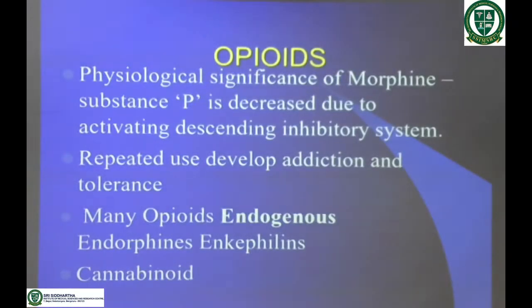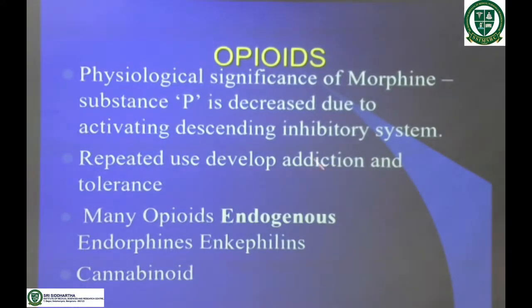Then coming to the opioids, how do they reduce pain? The physiological significance of morphine is related to substance P. Substance P is decreased due to activation of the descending inhibitory system. Repeated use develops addiction and tolerance to these opioids. Say you have some pain and you take an opioid.